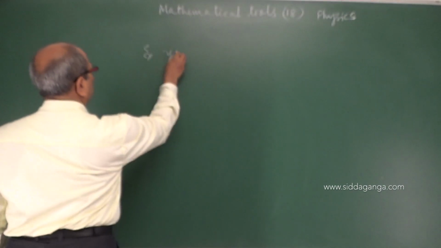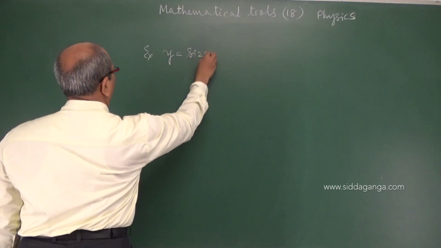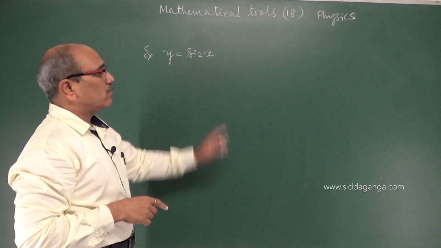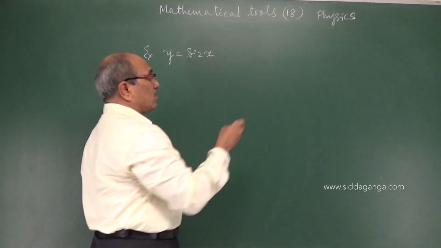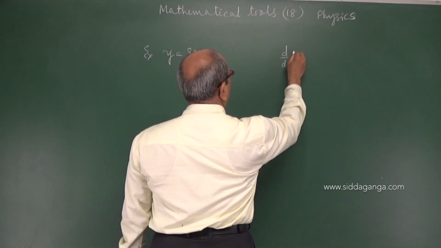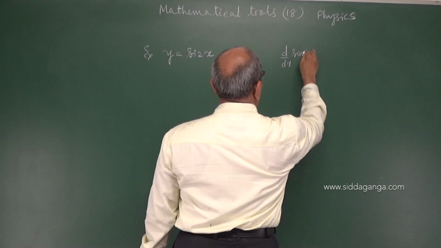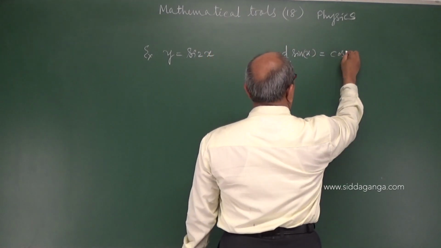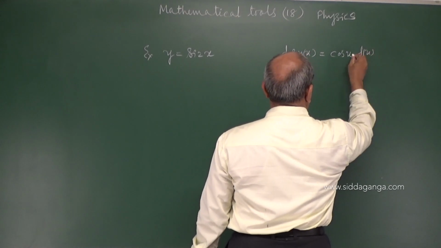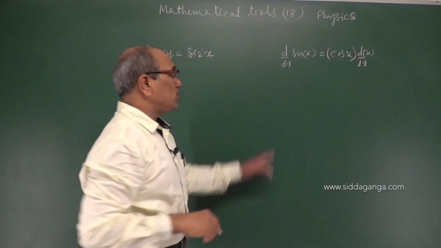Let us say y is equal to sine 2x. I gave you one relation. d by dx of sine of u is equal to cos u into d by dx of u. u is a function of x.